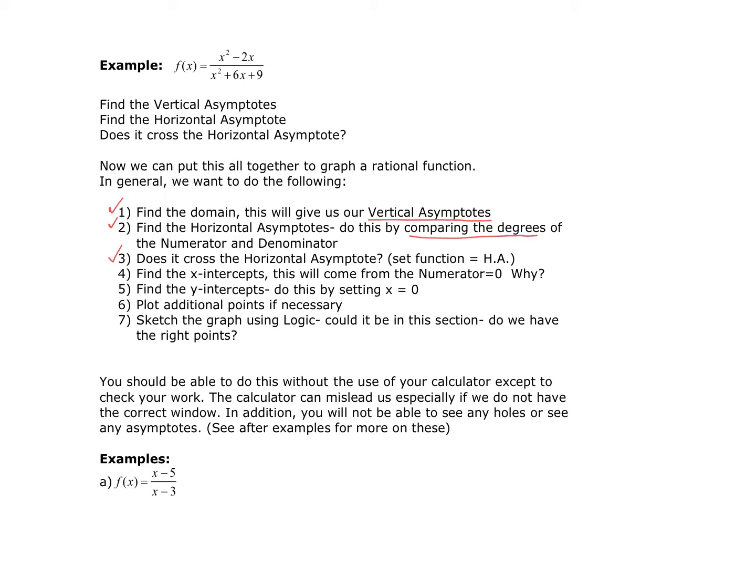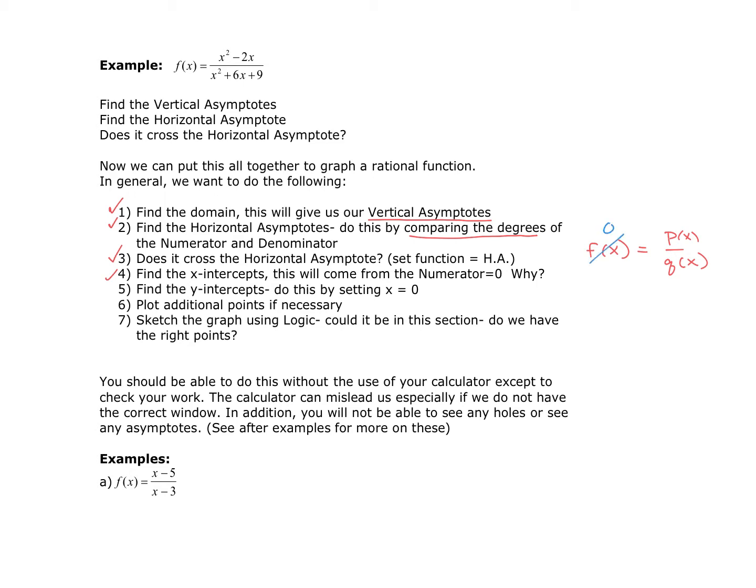Other important features of the graph are the x-intercepts, which actually come from the numerator equaling 0. So remember that for a rational function, p of x over q of x, if we want to know where the x-intercepts are, we let this function value, or the y value, equal 0.